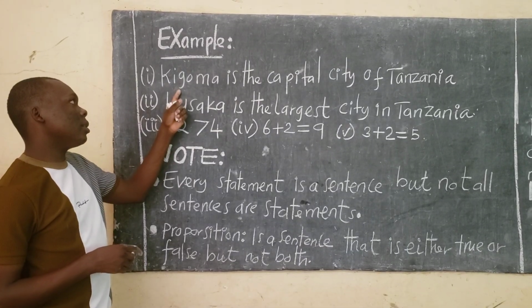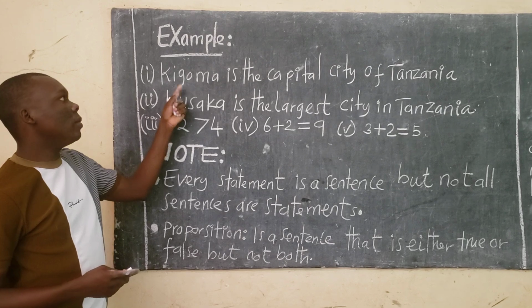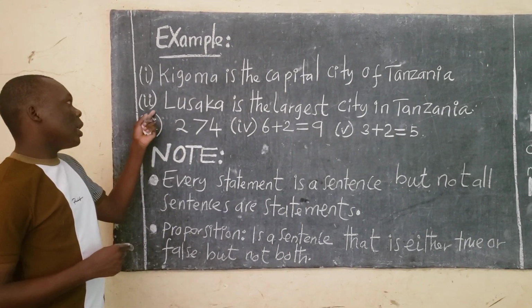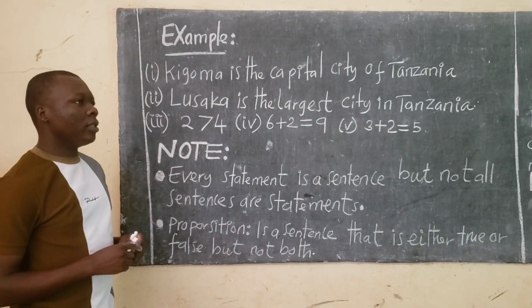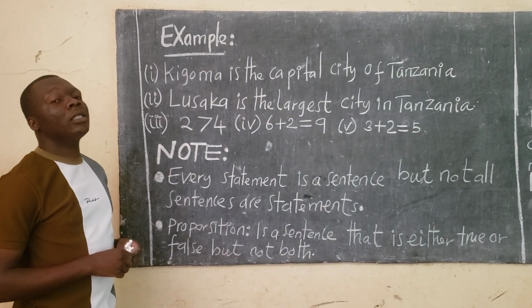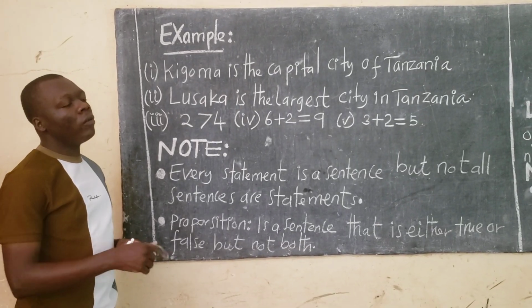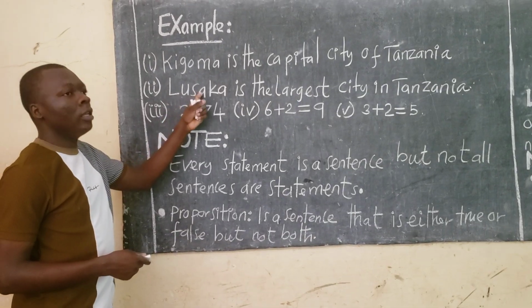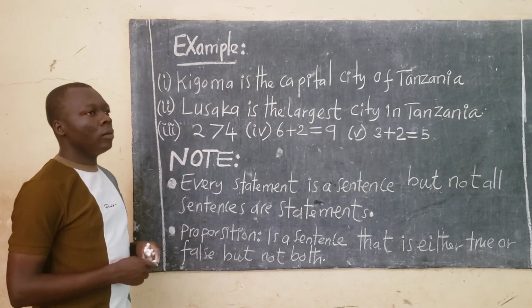This is a statement because it is only false, because Kigoma is not the capital city of Tanzania. Also, number two, Lusaka is the largest city in Tanzania. This is not true, but it is a statement, because a statement can be true or false, but not both. So this is a statement which is only false. But also we have, 2 is greater than 4.